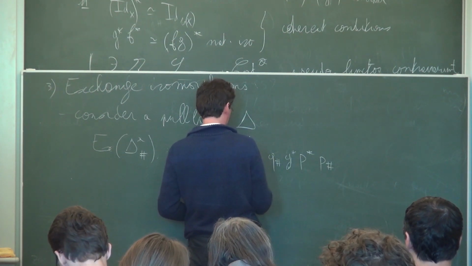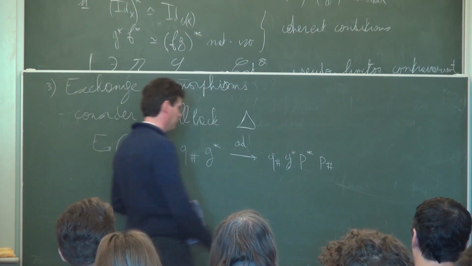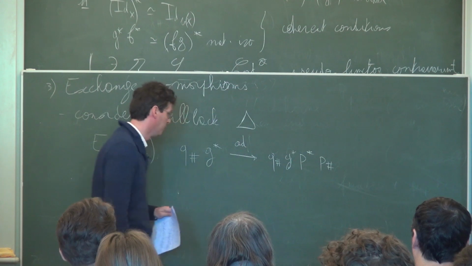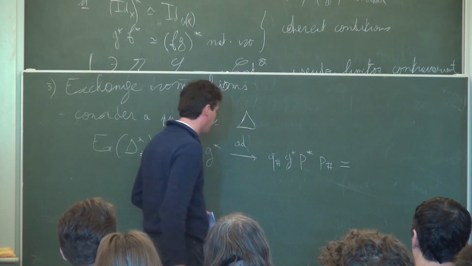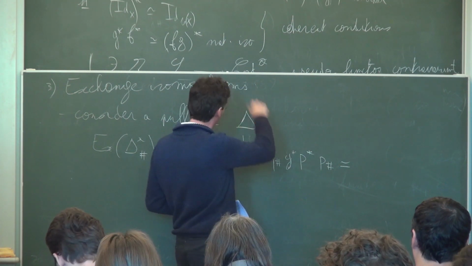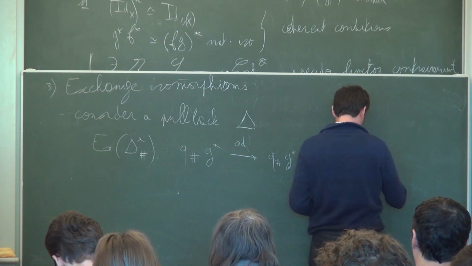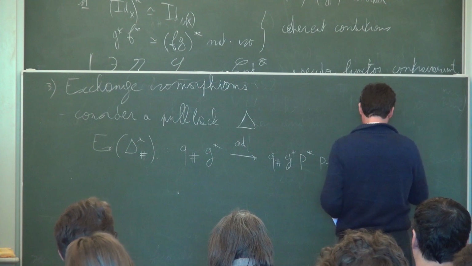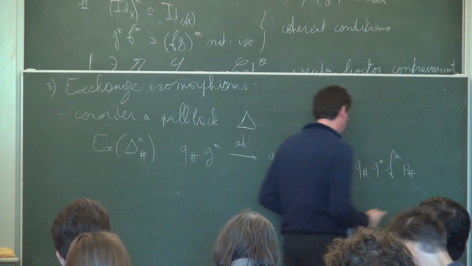I just write ad for the unit map of an adjunction. So the adjunction is p_♯ p^*. Now you use the fact that you have a 2-functor structure, so this will be isomorphic to q_♯ q^* f^* p_♯.